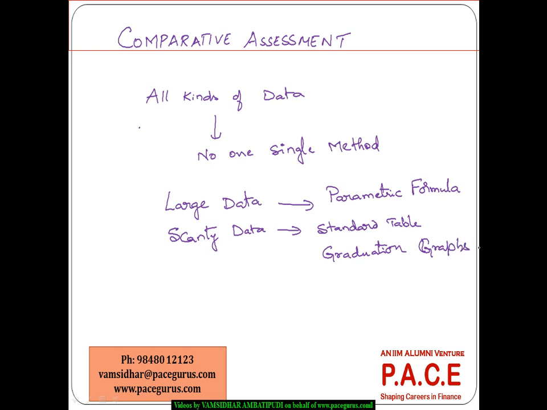That's the reason we need to understand the comparative advantages and disadvantages associated with each of these methods of graduation. From that dimension, let's look at the benefits as well as the limitations associated with the parametric formula method.